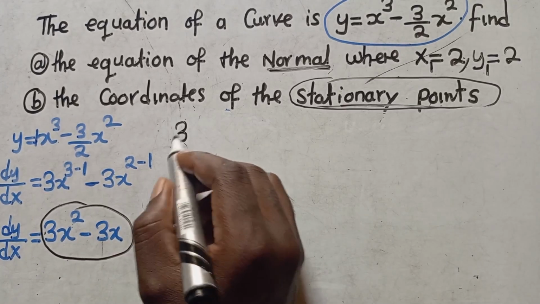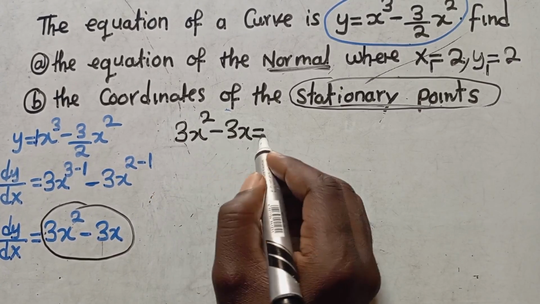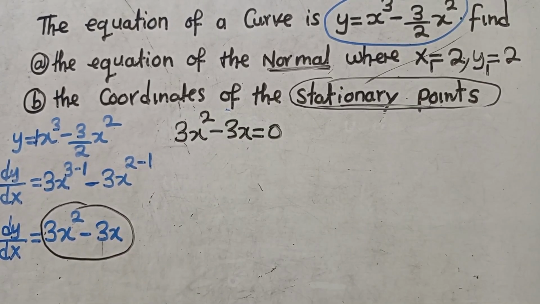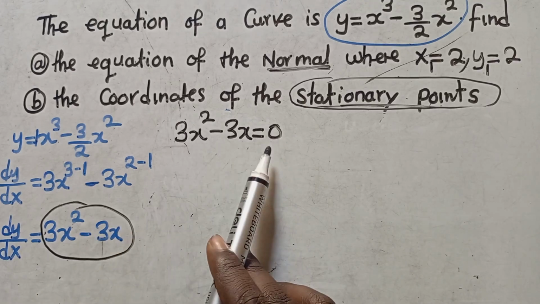You say 3x squared minus 3x is equal to 0. If a question is independent on its own, you start by differentiating. If the gradient is given, you use that gradient. But if it is not given, you equate to 0 and solve this particular equation.